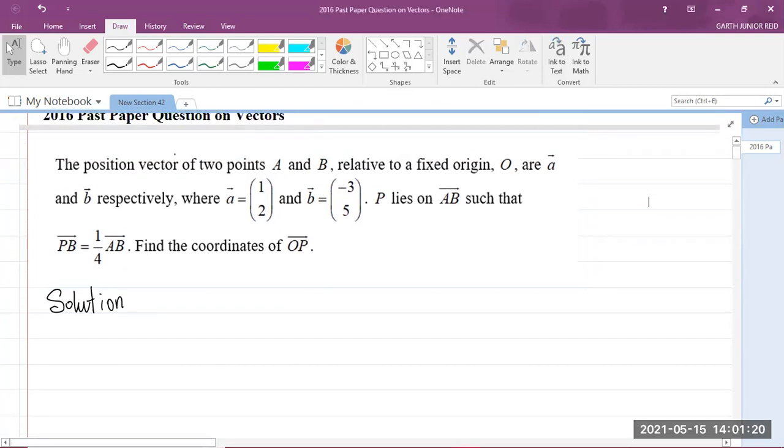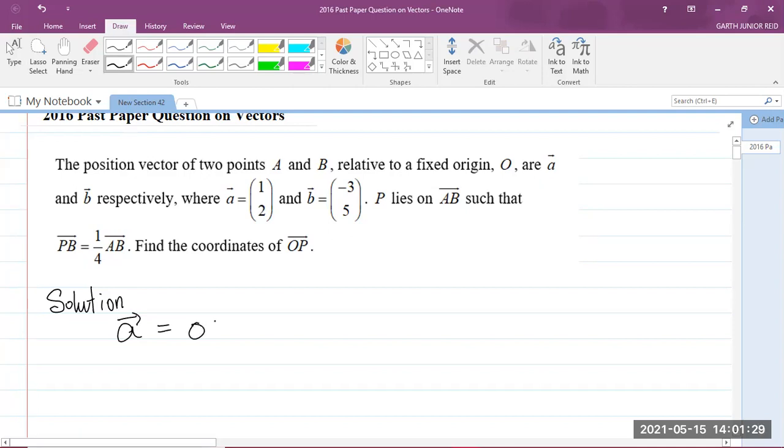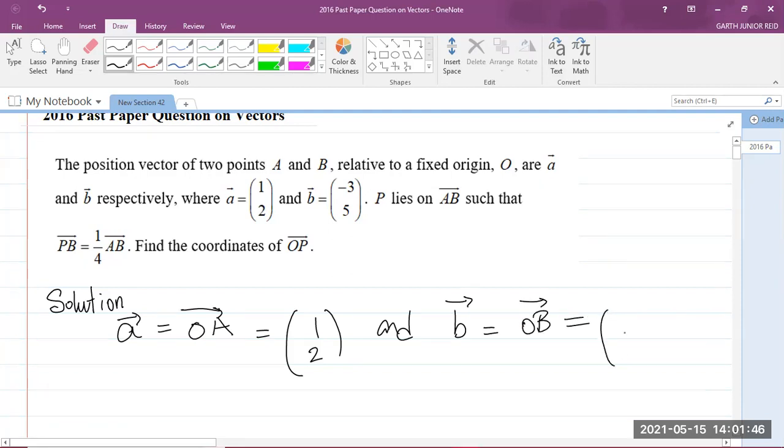All right, so we know that vector A, which is the same as vector OA, that's a position vector, is equal to (1, 2), and we know that vector B, which is the same as vector OB, is equal to (-3, 5).